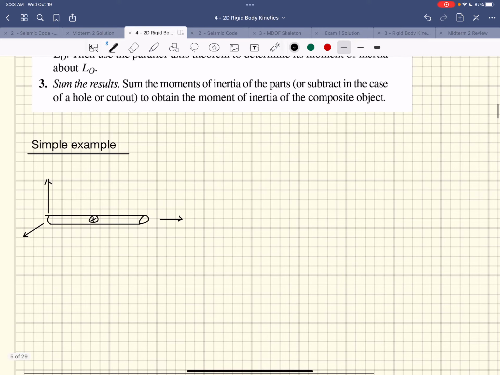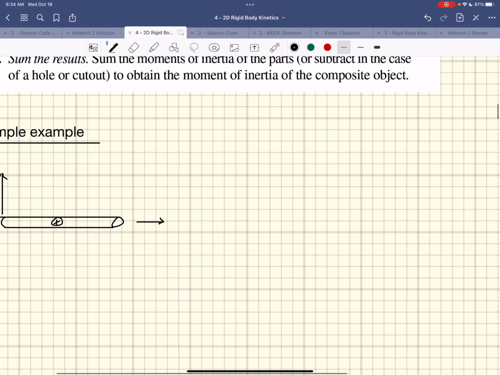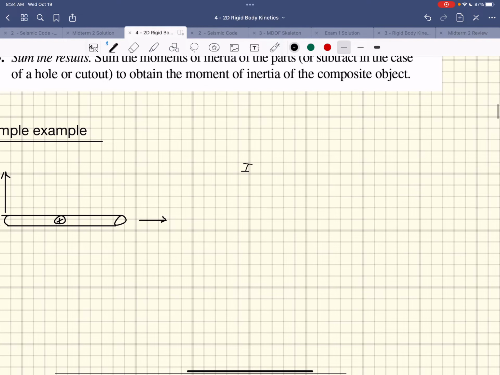So an example. If I wanted to determine the moment of inertia of this object about this axis right here, we just determined what it was about its own mass center. That was ml squared over 12. And so I could then transfer it over here and determine it about that axis instead. So if I say I_y is equal to I_y prime plus md squared.